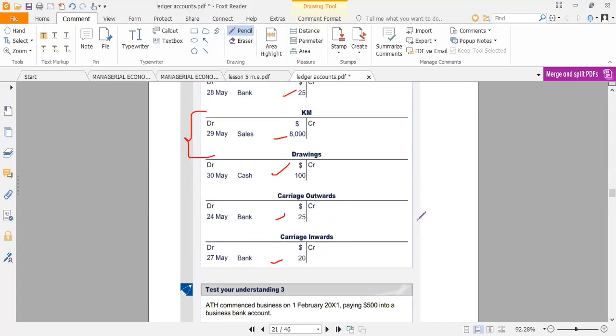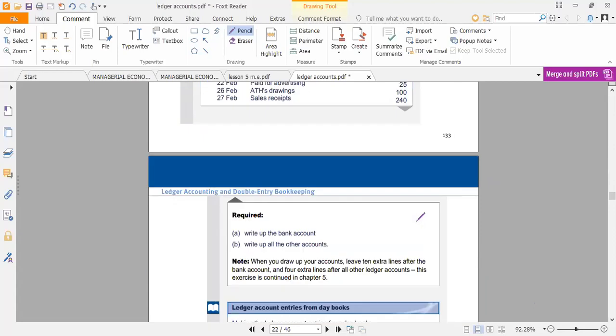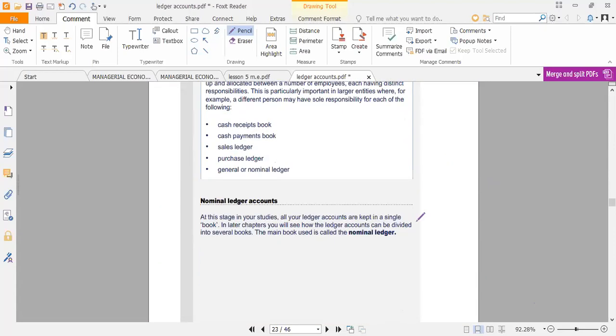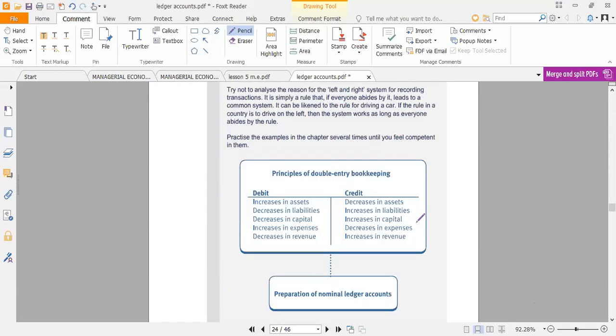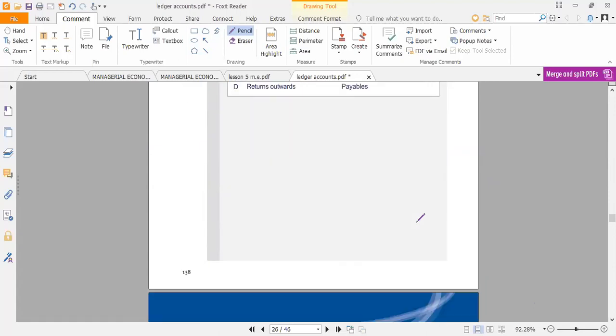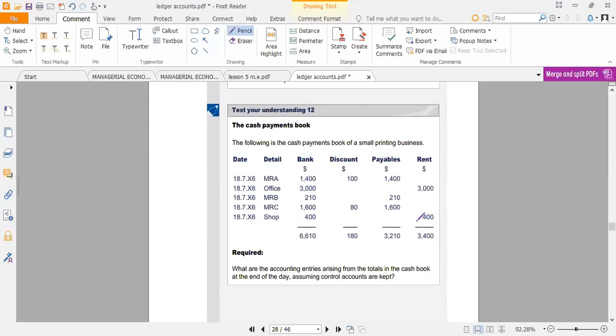So this is how we do our T accounts. I'm going to give you homework to balance up based on what we've discussed here. I'll send it on the group. So remember to do the T accounts the way we've done them.